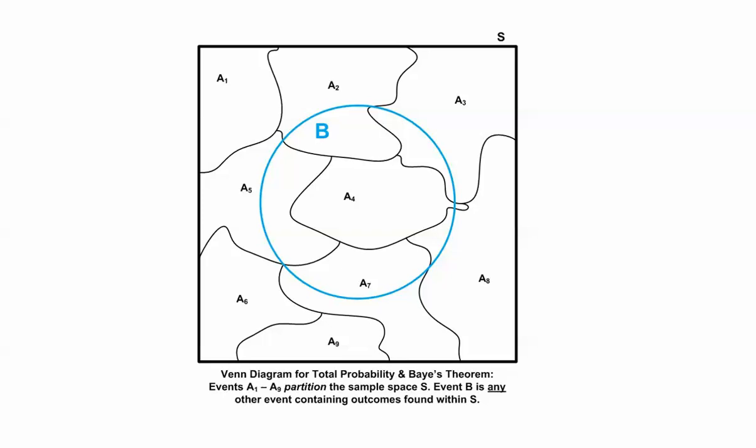So take a look at the figure that's on the screen right now. Events A1 all the way up through A9. Here's A1, A2, A3, all the way up to A9.